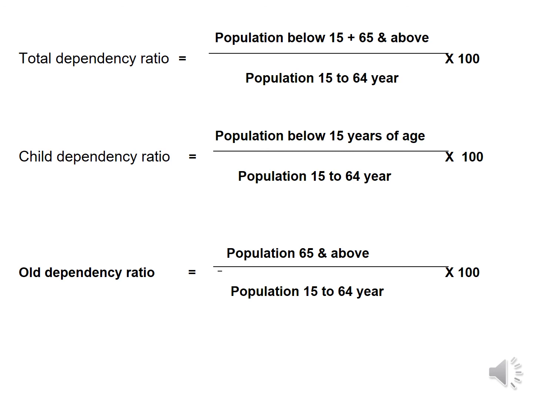So this will show how many children are there in childhood age. The old dependency ratio is calculated by population above 65 years of age divided by population of 15 to 64 years, multiplied by 100. So these are the ratios: total dependency ratio, child dependency ratio and old dependency ratio.